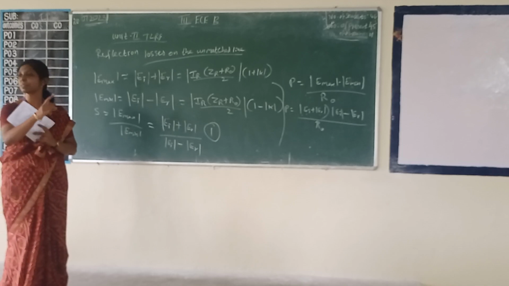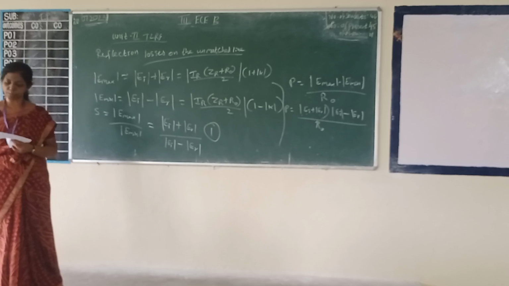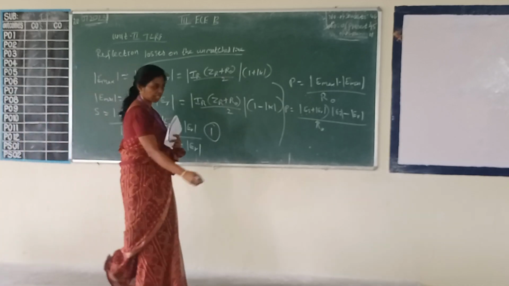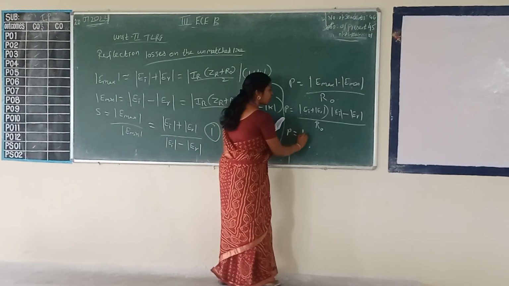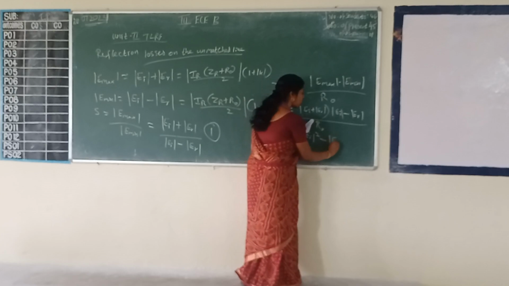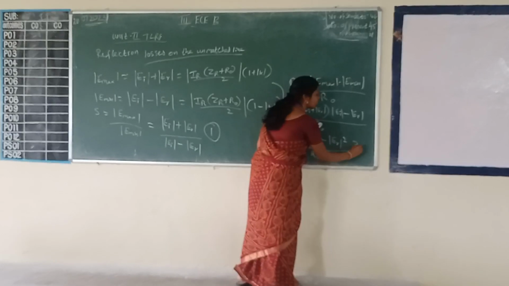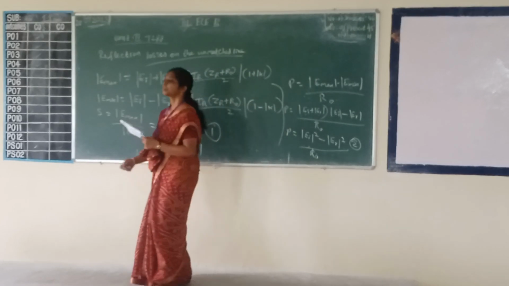So now it is in multiplication, multiplied. P is equal to modulus of EI square minus modulus of ER square by R naught. So this is equation number 2.